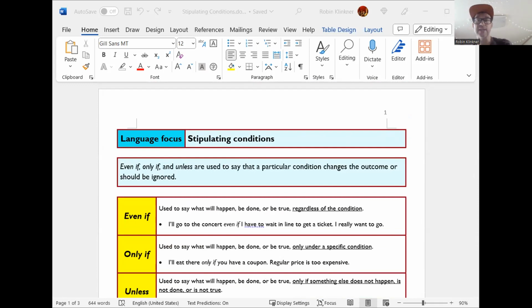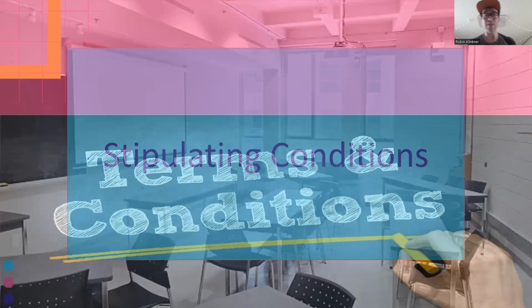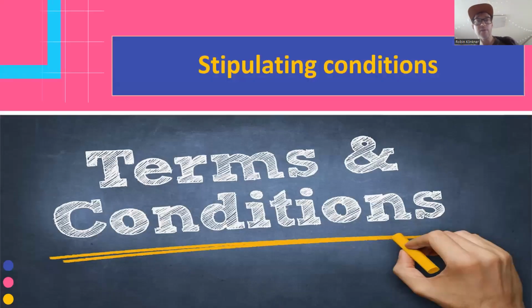Okay, stipulating conditions. That is the last part of the semester. Holy smokes. All right, so what are stipulating conditions? I'm sure all of you know condition, but what is stipulating? Well, that's what I'm going to talk about right away. So terms and conditions.